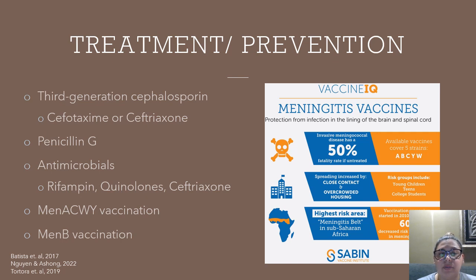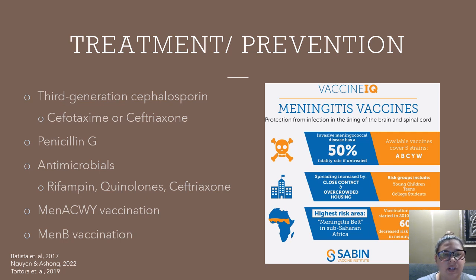The focus in treating meningococcal infection is antibiotics, isolation and contact precaution, infectious disease consultation, management in the intensive care unit, management of coagulopathies, and identifying those at risk who may have been infected.